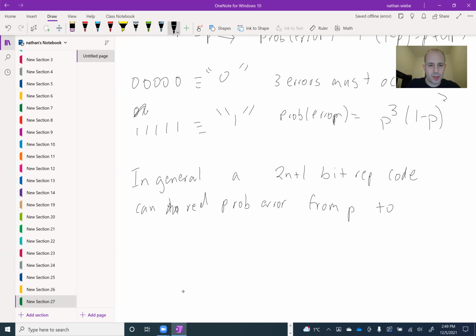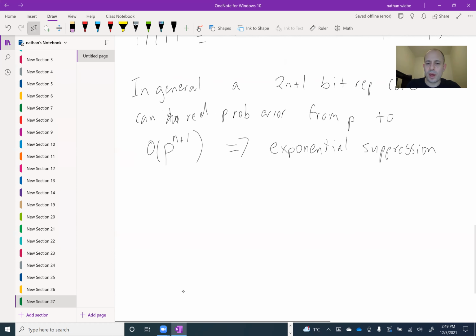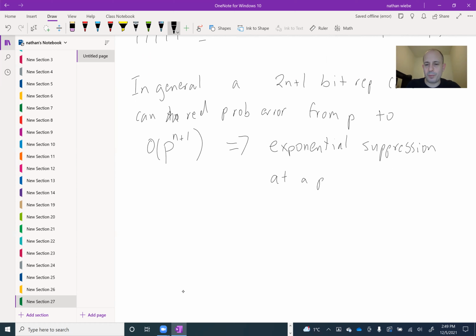It'll be to order p to the n plus 1. Okay, so this implies that we have an exponential suppression of error at a polynomial space overhead.